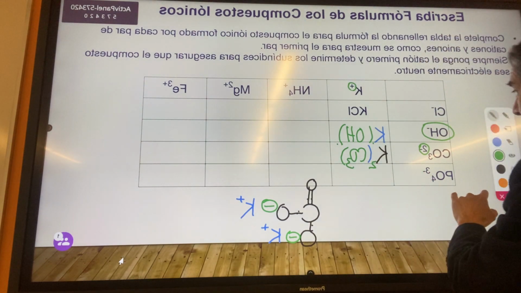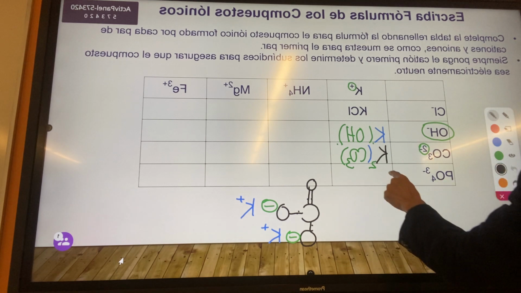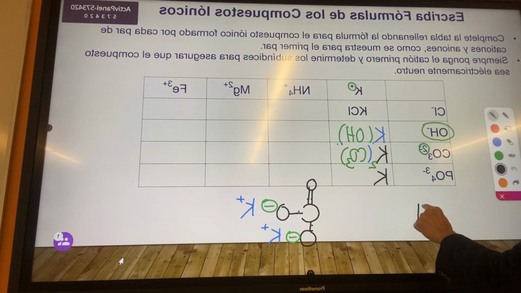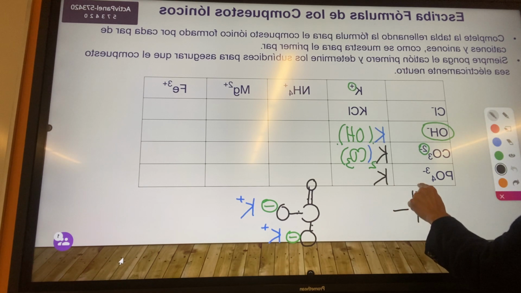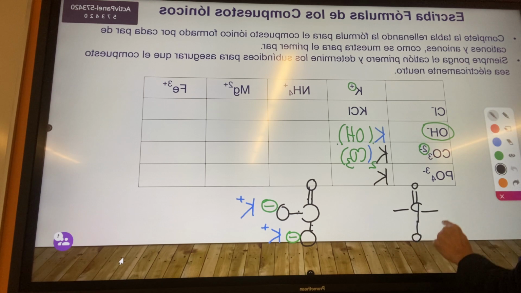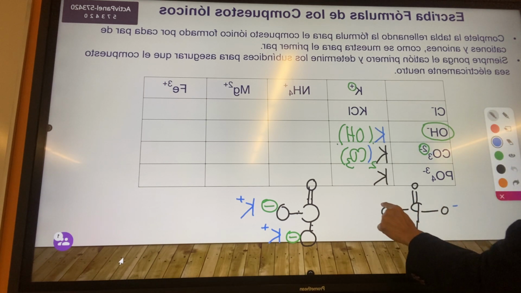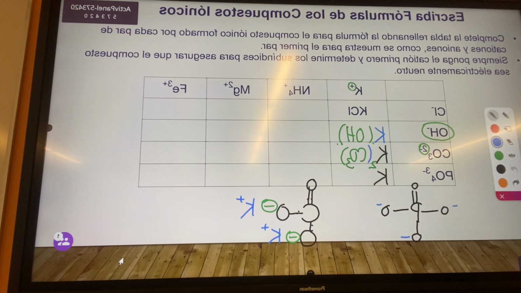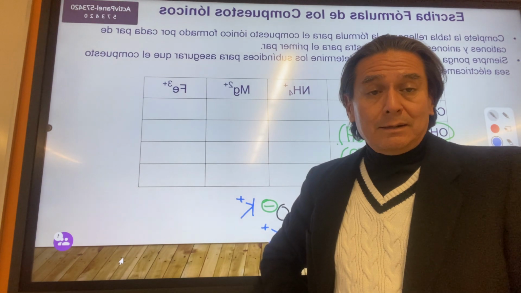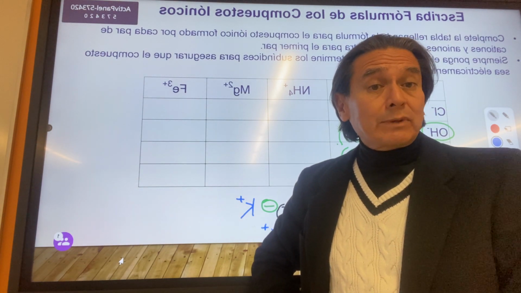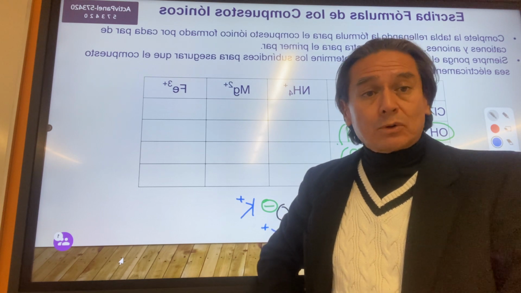So what's going to happen here in the next example, where you have potassium, and you're going to react it with this phosphate group. Well, the phosphate group has 3 places where you can put a cation, right? 3 anions to match up with a cation to provide you a neutral compound.